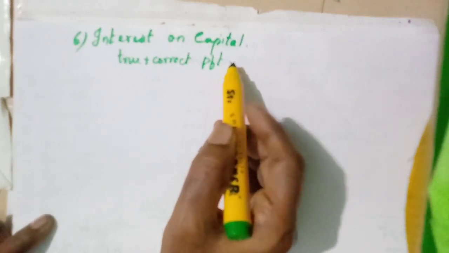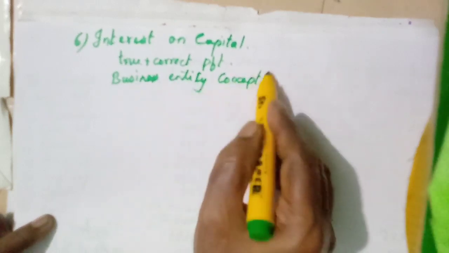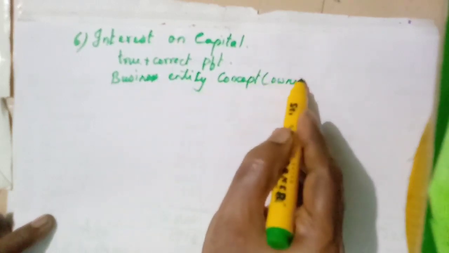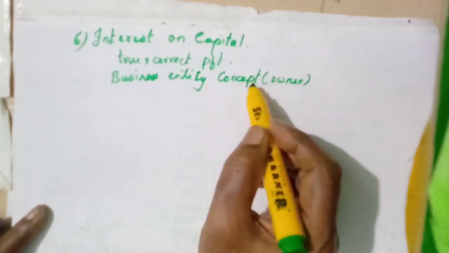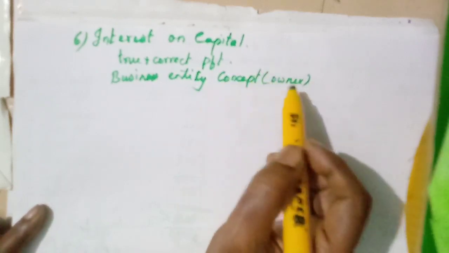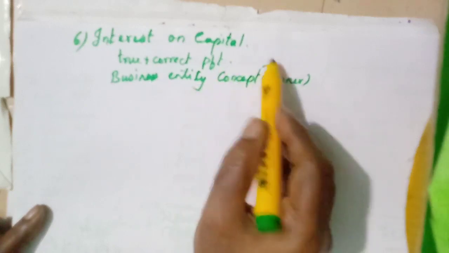Here we have already learned one concept, that is the first concept, business entity concept. What is the meaning? The business is separate from the owner, and owner is the person who is investing money. So for that purpose the business has to give back interest to the owner.